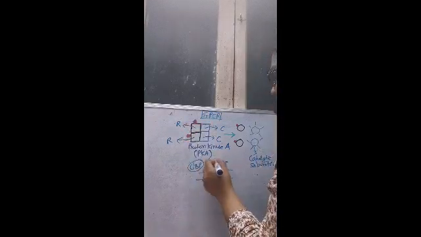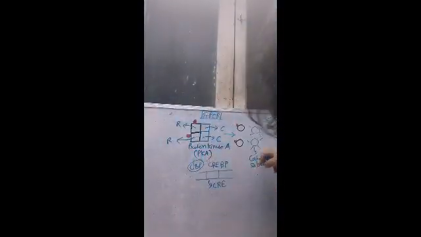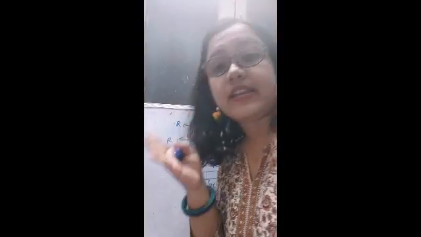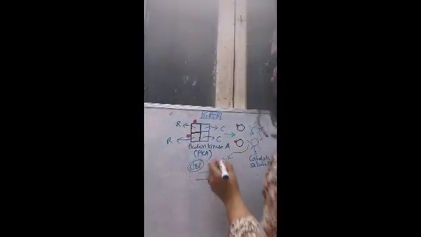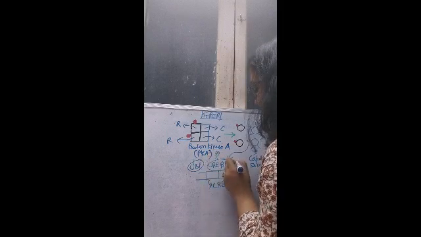Now what happens? This CREBP cannot bind to CRE in the normal state. Now these catalytic subunits will come. Protein kinase A functions in phosphorylation. It will phosphorylate this CREBP on serine residues.